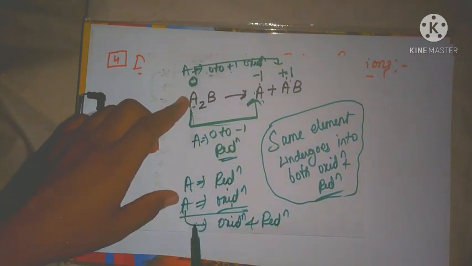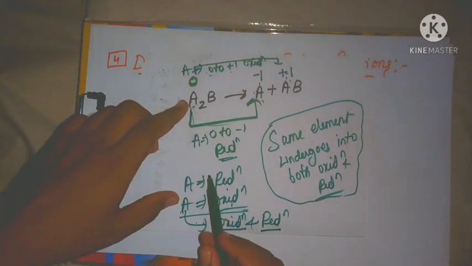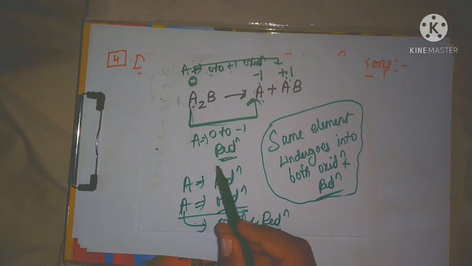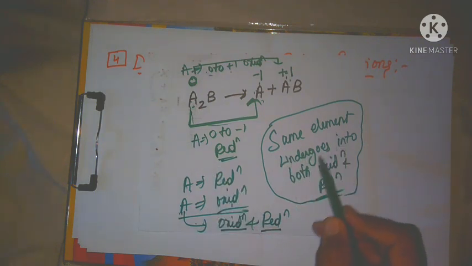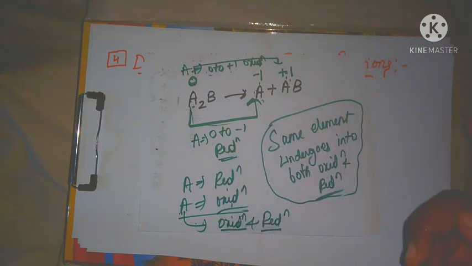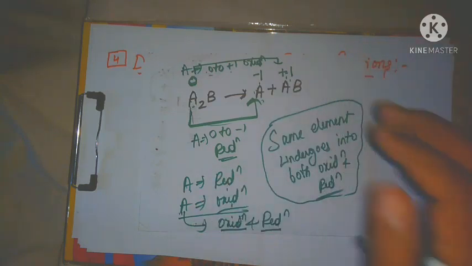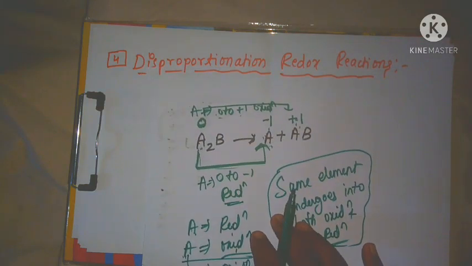That is, the same element A undergoes oxidation as well as reduction. Such types of redox reactions are called disproportionation redox reactions. There is no different element undergoing oxidation and reduction; only one element undergoes both.